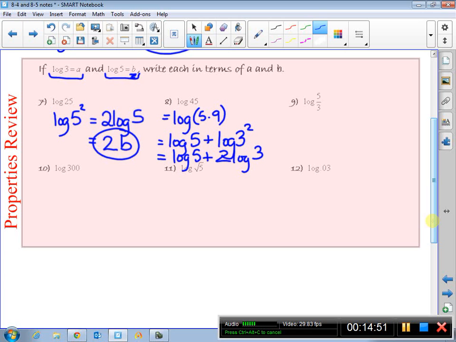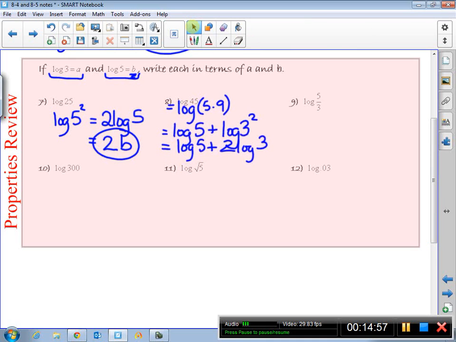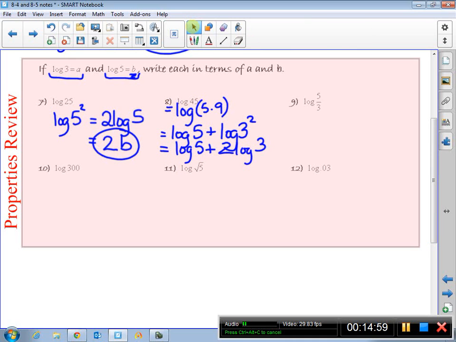And now I can replace these with what they gave me in the directions. So log of 5 gets replaced with B, and 2 times log of 3 gets replaced with A.